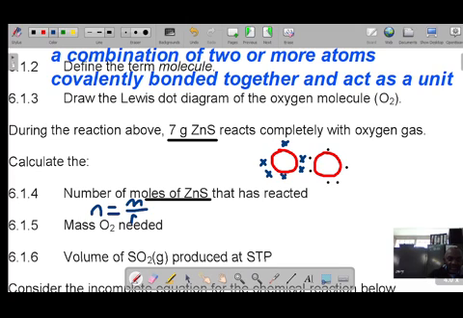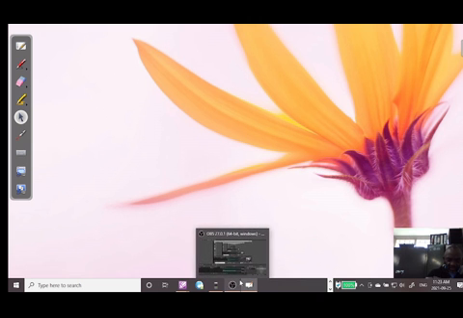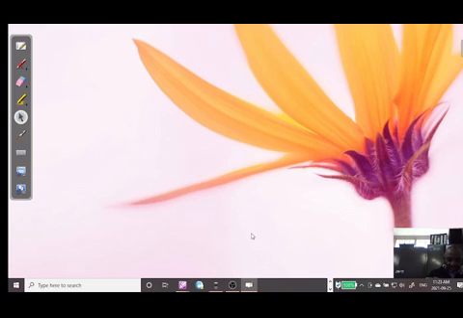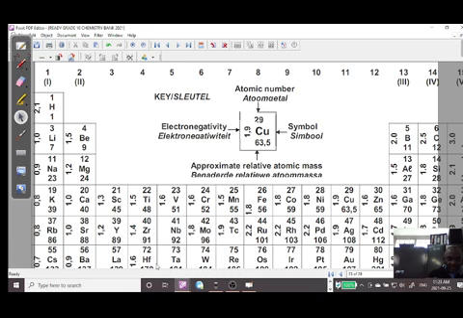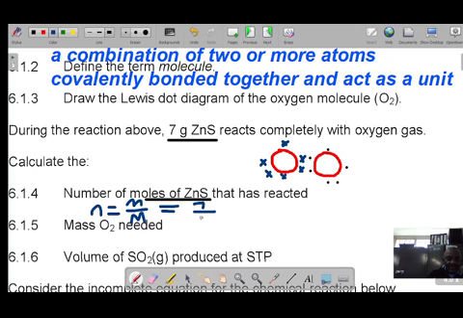So let us find the molar mass. The mass is given as 7 grams. For zinc, Zn, the molar mass is 65.